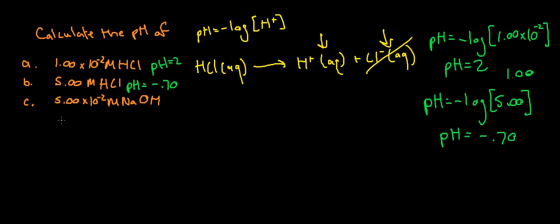And the last one is probably the only one worth actually doing. These other ones were kind of a little bit too easy, but strong acid and strong base problems are not hard at all. We'll do this one, NaOH.